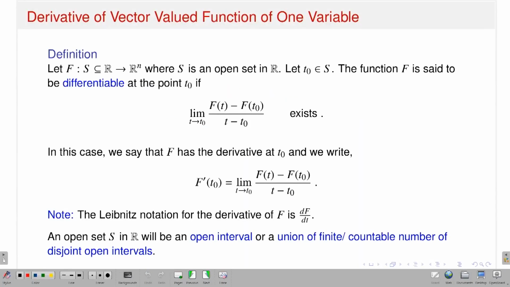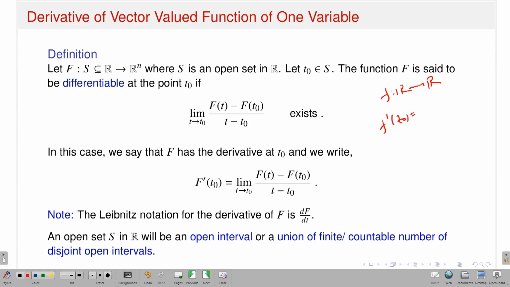Now, you will see, as I said, that the notions of differentiability for these sorts of functions are actually similar to the definitions you are familiar with for the derivative of a function from a real variable to a real variable. If you remember the definition for real valued functions of a real variable, suppose I have a function from R to R, and it is differentiable at some point, say t naught.